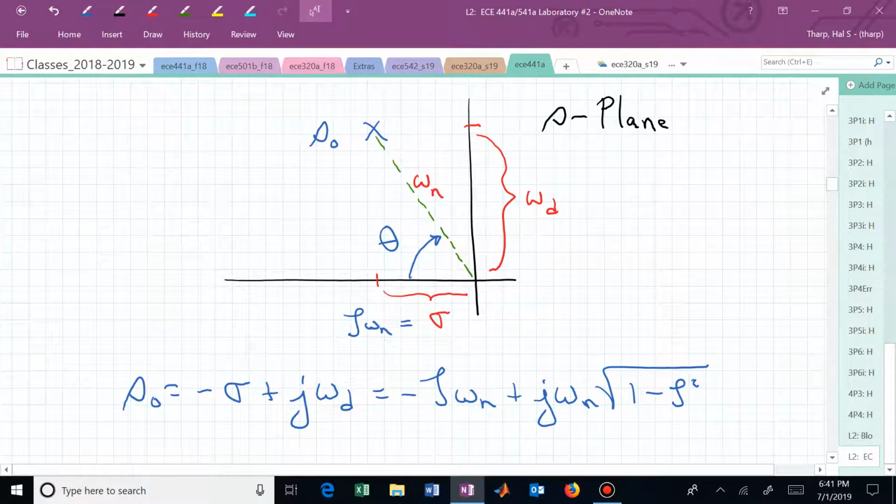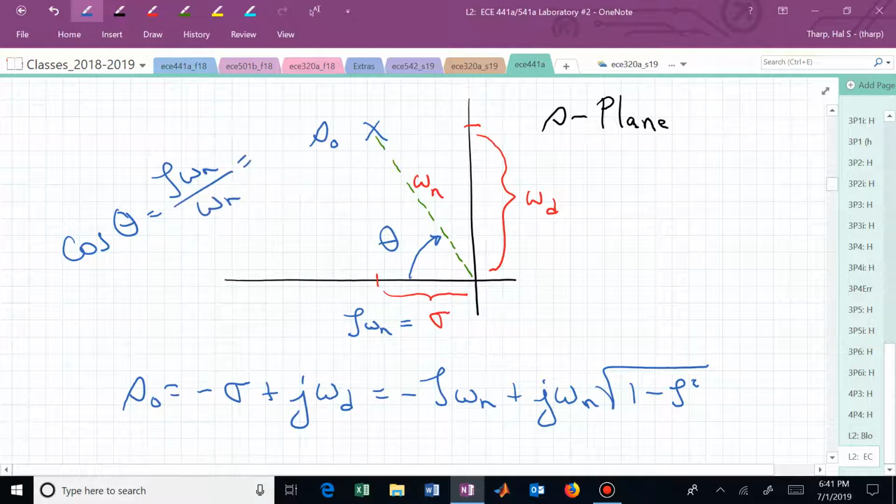If we find the cosine of that angle theta, that's now just the adjacent side, which is sigma, or zeta omega sub n, over the hypotenuse, omega sub n. That's our relationship that we can use to connect the angle the pole makes with the real axis and this hypotenuse omega sub n.